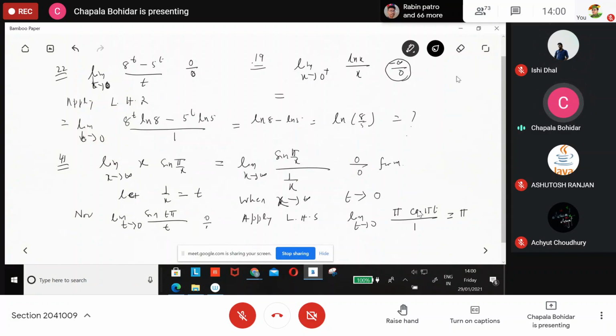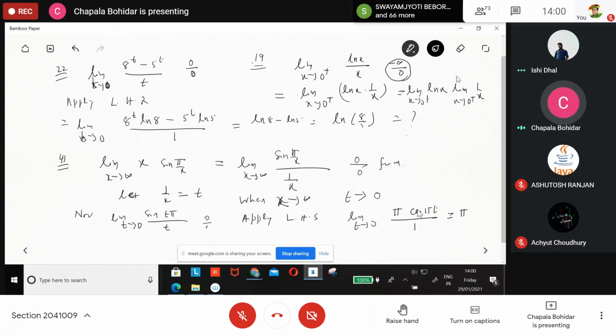I can write it as limit x tends to 0 plus of ln x into 1 by x. That is, limit x tends to 0 plus of ln x, times limit x tends to 0 plus of 1 by x.